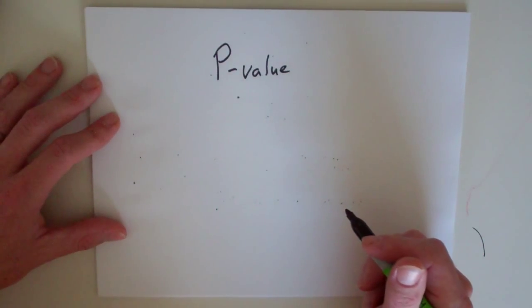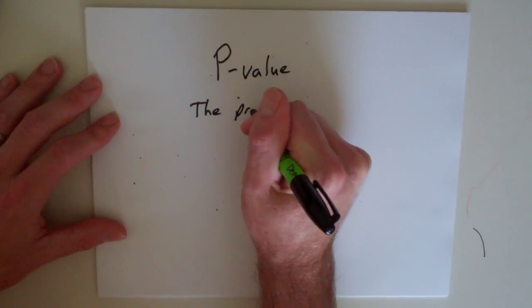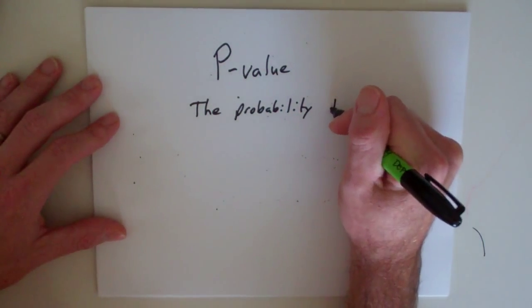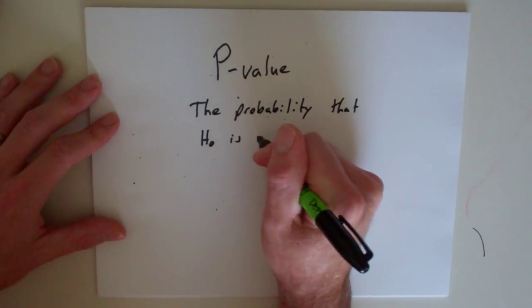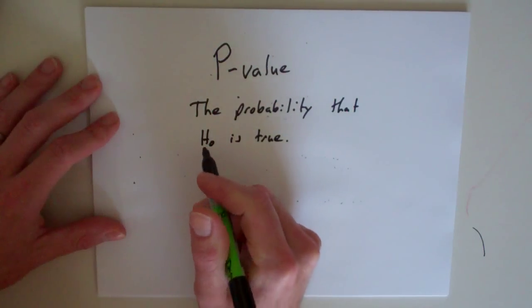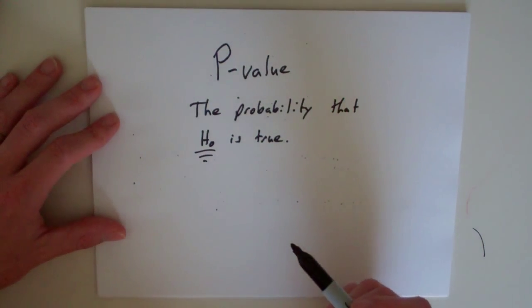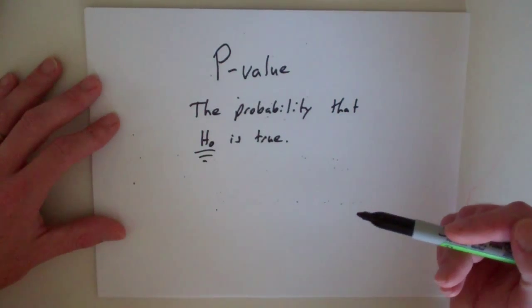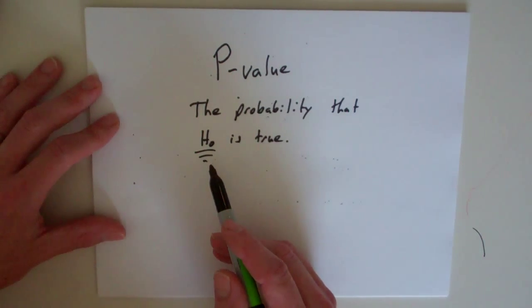The definition of the p-value is the probability that the null hypothesis is true. Note, the p-value does not actually have anything to do with your actual biological hypothesis, but is only based off of the null hypothesis.